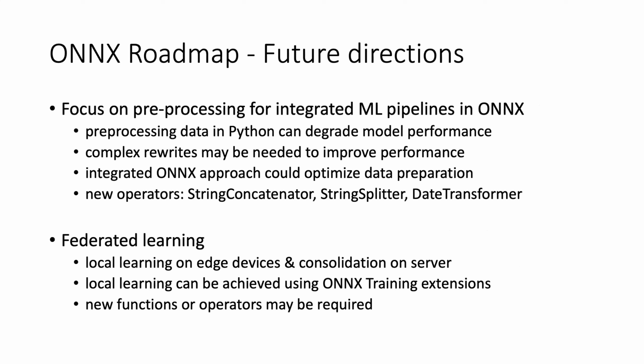For the future, there are some directions that have appeared as part of the discussions of the ONNX roadmap. For example, there is some need to focus on pre-processing of models. It seems that in deployments using ONNX, pre-processing is becoming a bigger and bigger performance problem, since these pre-processing steps are often carried out in Python.